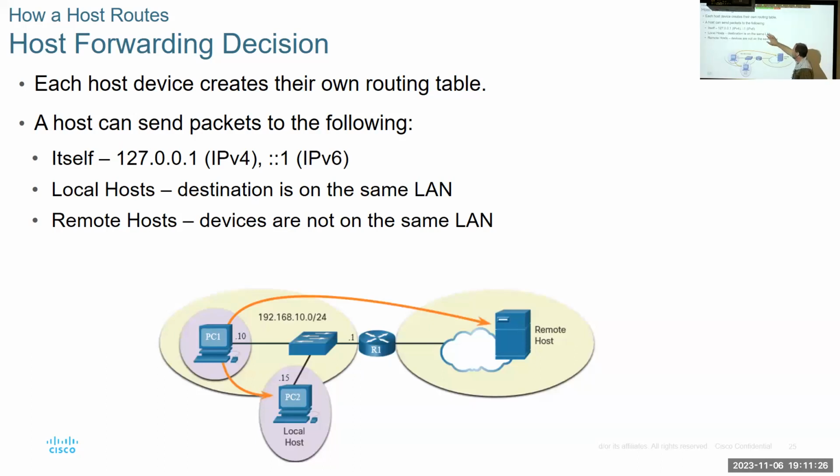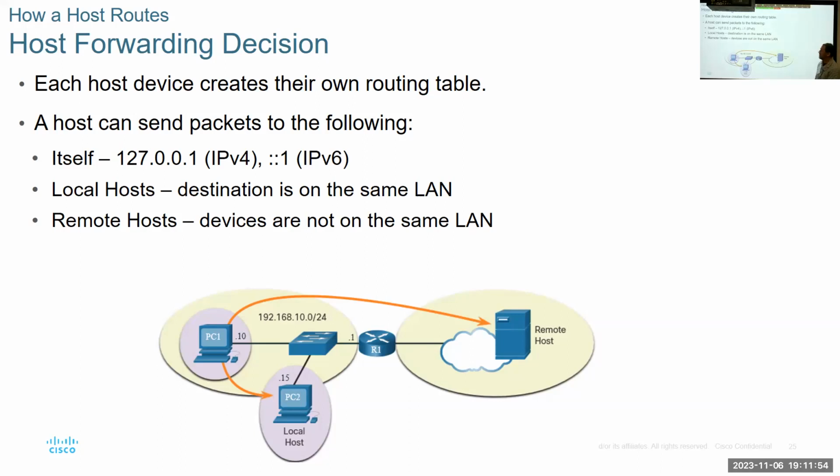And then ::1 in IPv6. Now that is the only loopback address for IPv6, ::1. And the colons just mean a bunch of zeros. So it's basically 15 fields of zeros followed by a 1. So if you ping yourself, then that will be the destination.